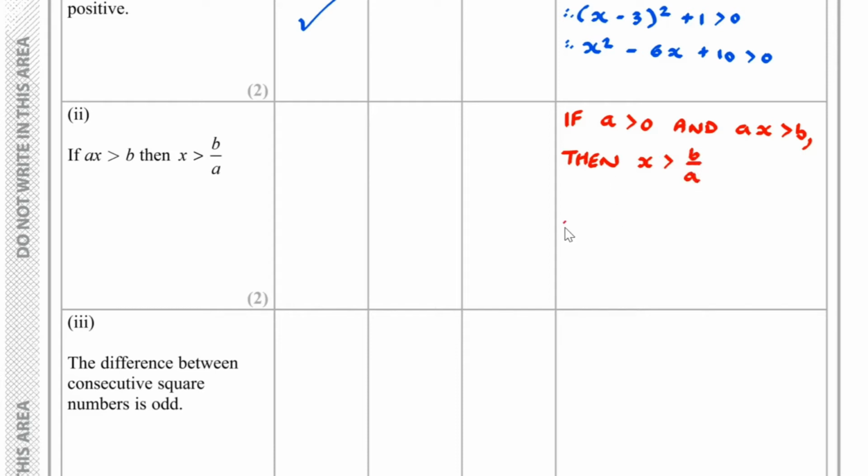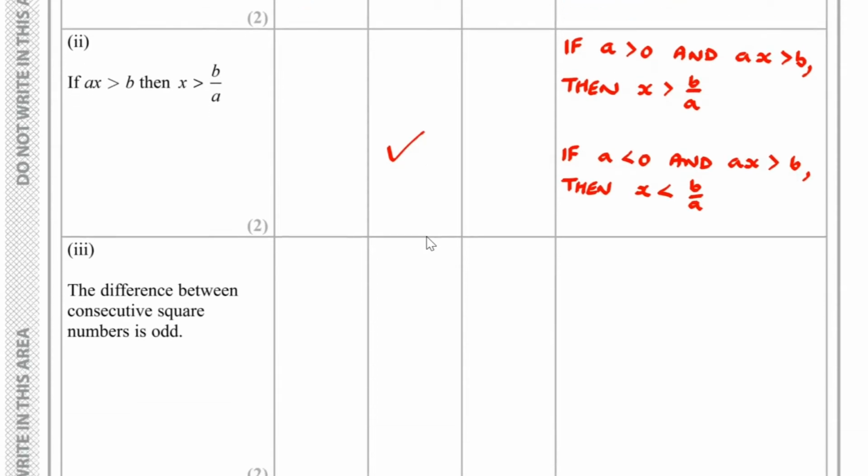Now, let's suppose a is negative and ax is greater than b. Now in this case, x will be less than b over a. We're dividing by a negative number, so the direction of the inequality sign changes. So this is sometimes true.